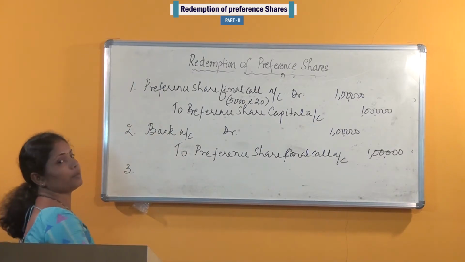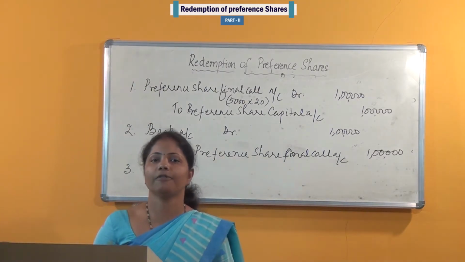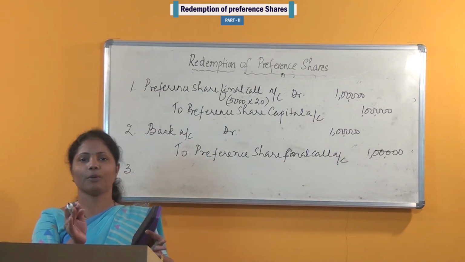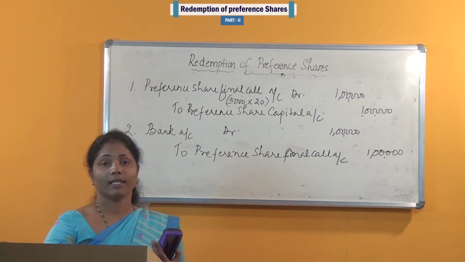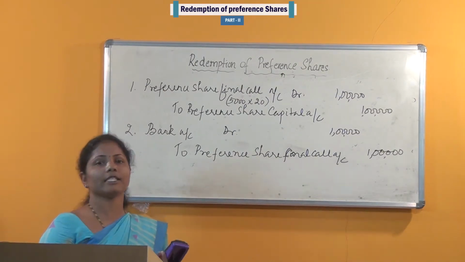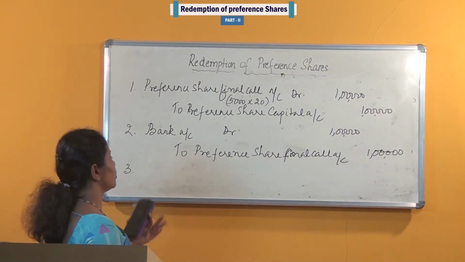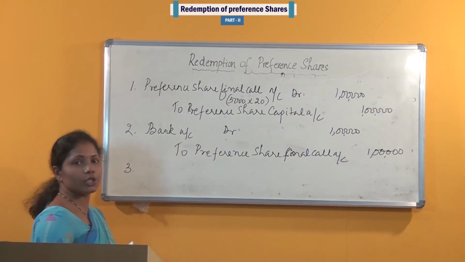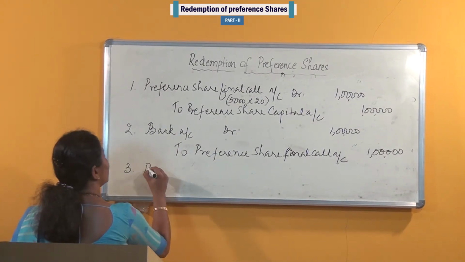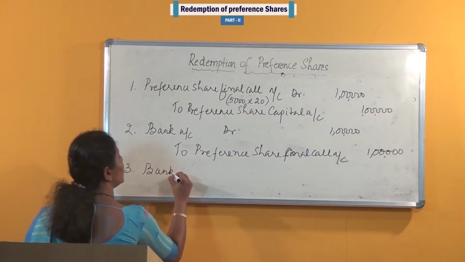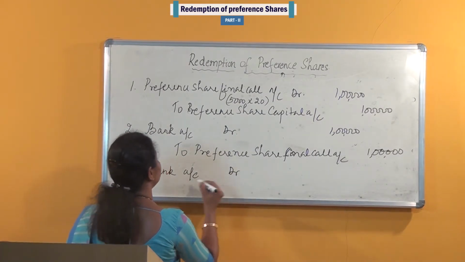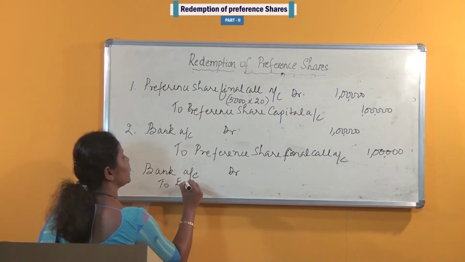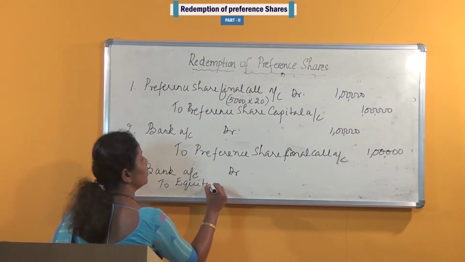Under first step for issue of equity shares. Here in this problem, there are issue of equity shares, issue of debentures as well as sale of fixed assets. So, first entry for issue of equity shares. As the equity shares are issued at a premium, the entry will be bank account debtor to equity share capital account.